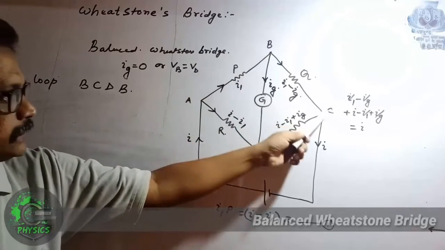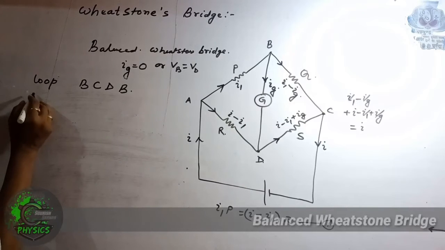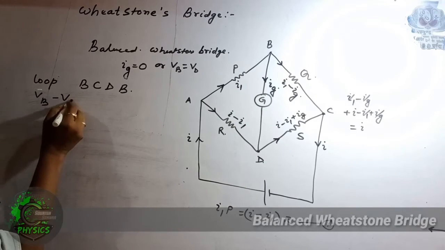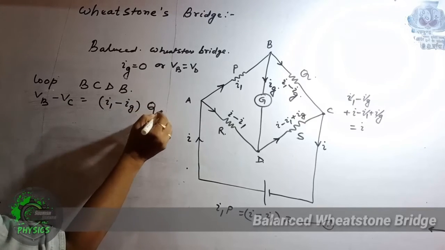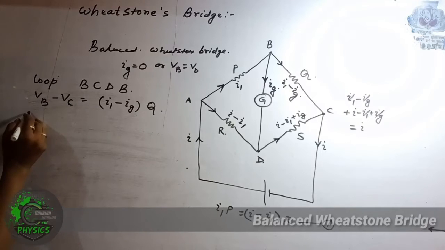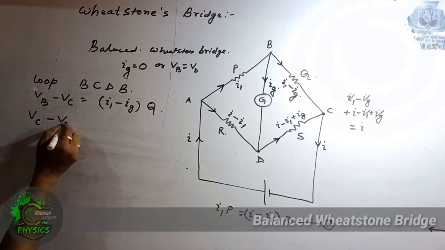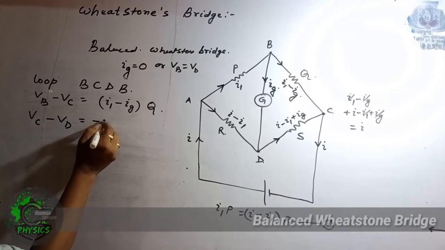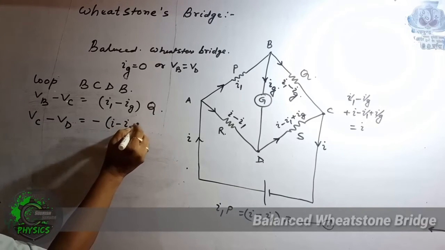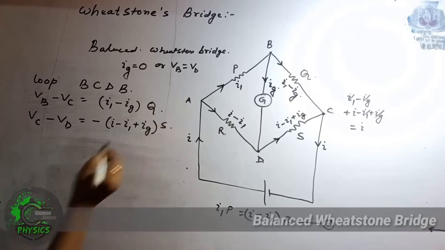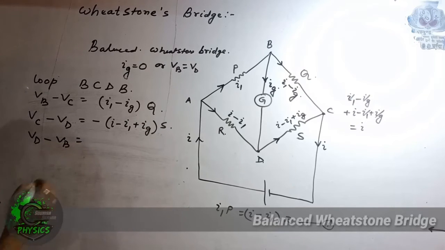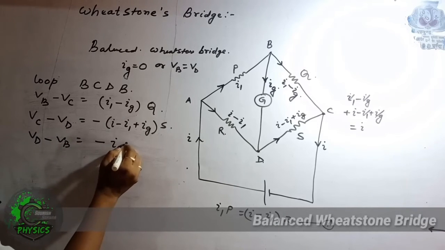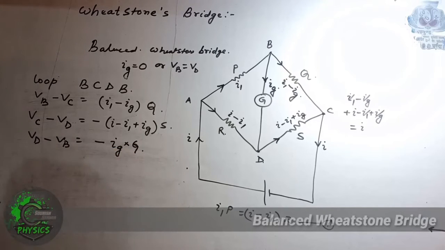In the loop B, C, D, B, we can write VB minus VC equals I1 minus Ig into Q. Second equation, VC minus VD equals minus I minus I1 plus Ig into S, and VD minus VB equals minus Ig into G, considering capital G as the resistance of the galvanometer.